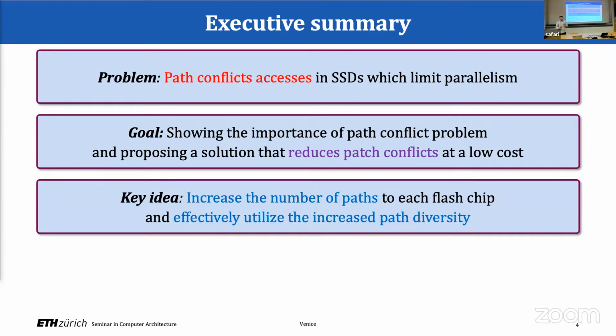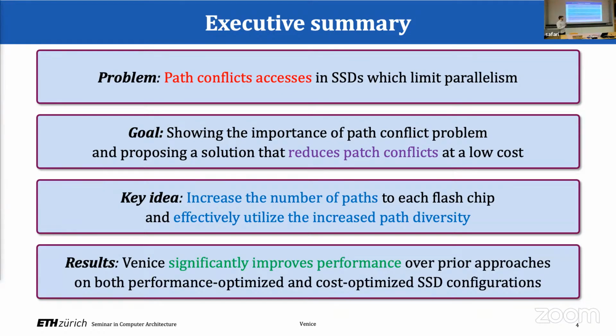The key ideas are increasing the number of paths between each flash chip and the flash controllers, and then effectively utilizing this increased path diversity. In the results, it has been shown that it gives a great improvement in performance over prior approaches in performance-optimized and cost-optimized SSD configurations.